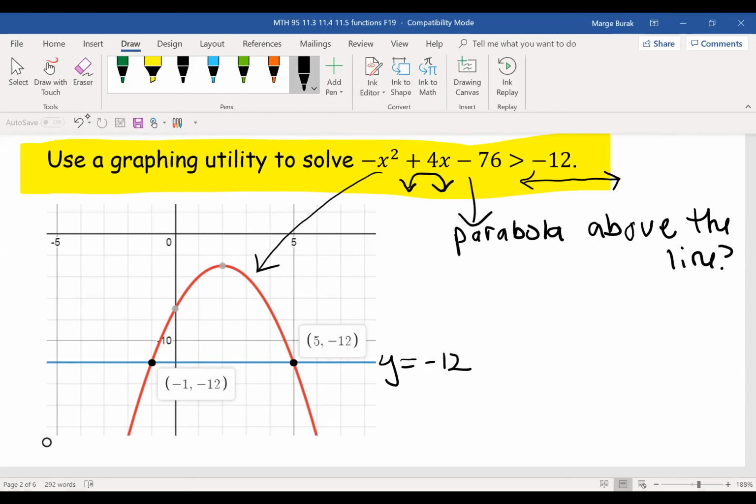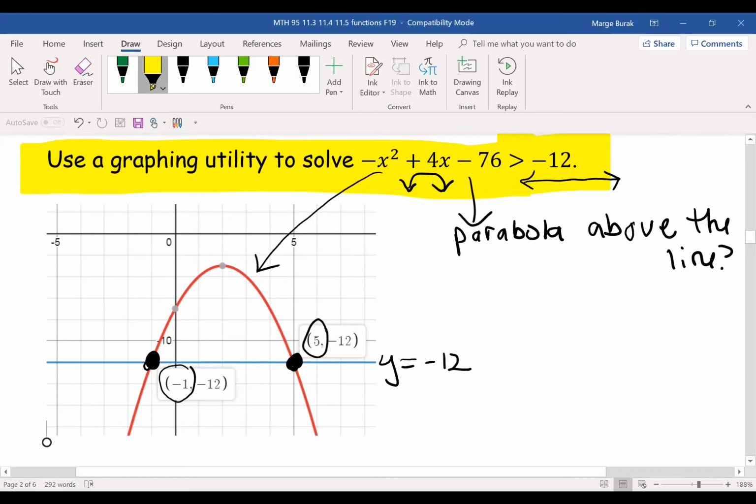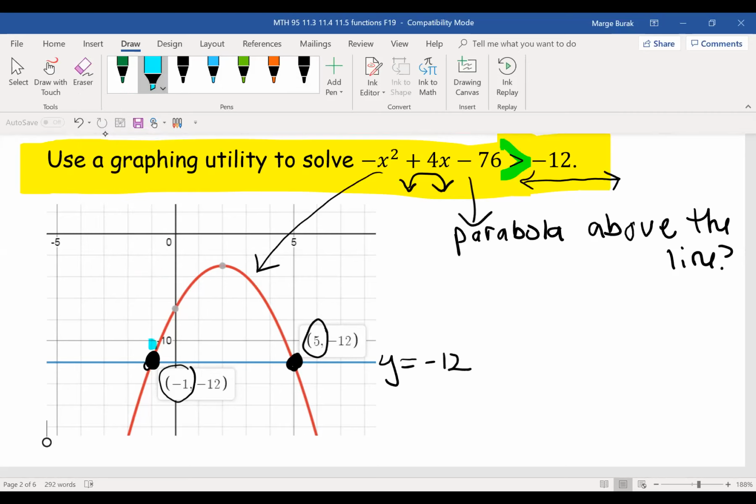Okay, so we take our two numbers here. These are the keys. There's a negative 1, just the x coordinates. We just want the x coordinates. So we want the negative 1 and the 5. That's where they're equal. We want to know where it's, in this case, above, because it says greater than right here. Okay, so right here is greater than, so that's this. The parabola is above negative 12 right there.